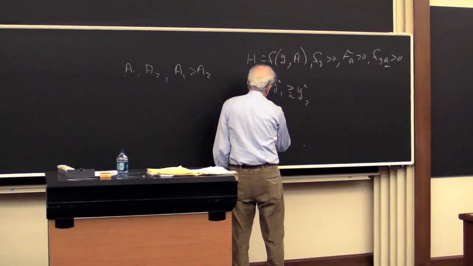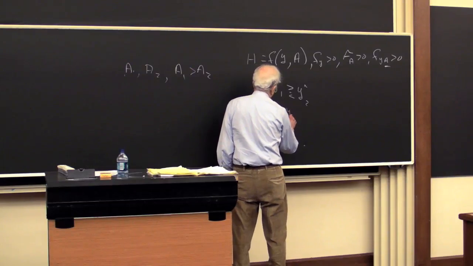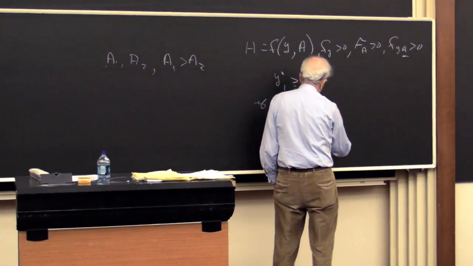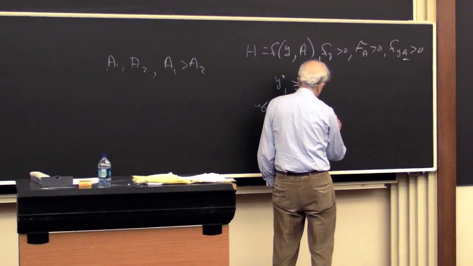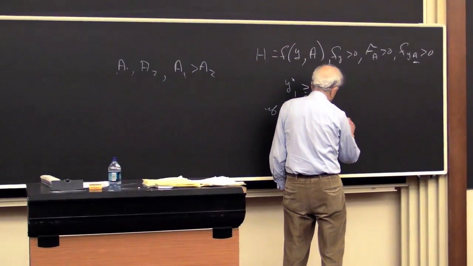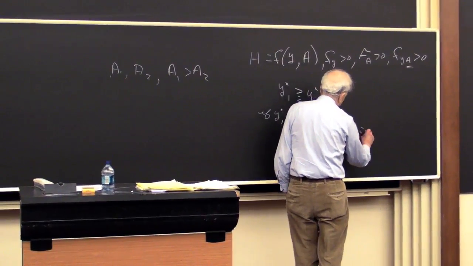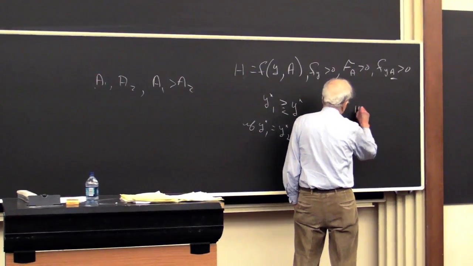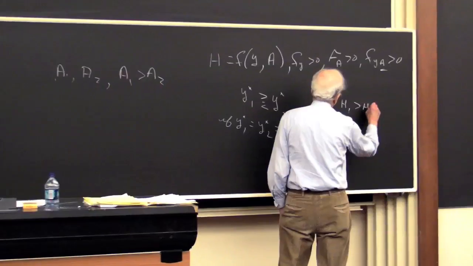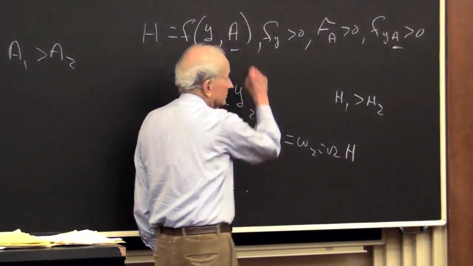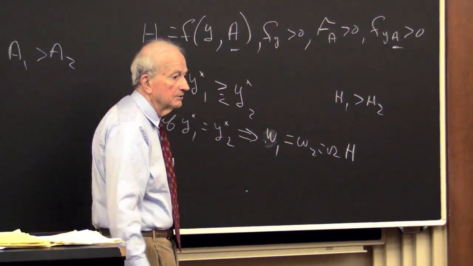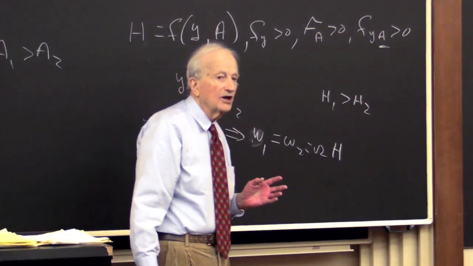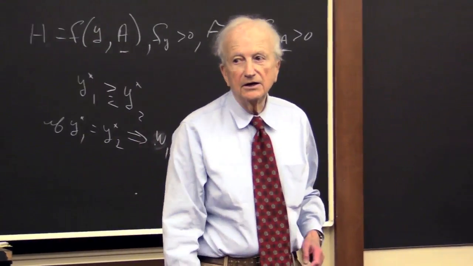if Y1 star equals Y2 star, that implies W1 is equal to W2, because they'll be equal to RH, and we know H1 will be greater than H2 by this condition, that F of A is greater than 0, right? So if they invested the same amount in each child, the abler child is going to have a higher income.